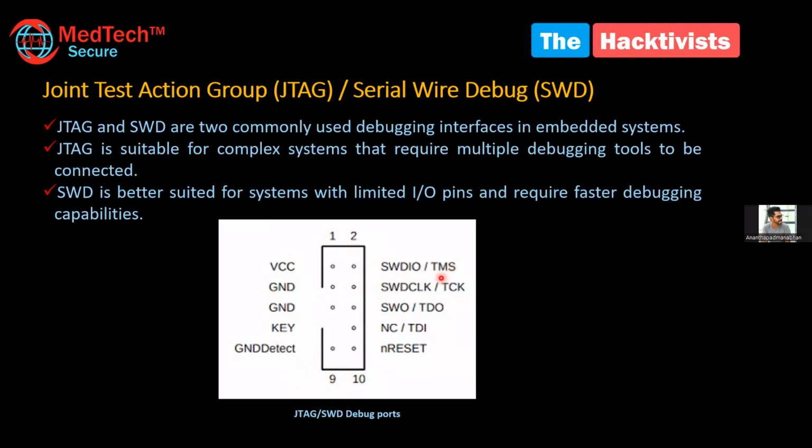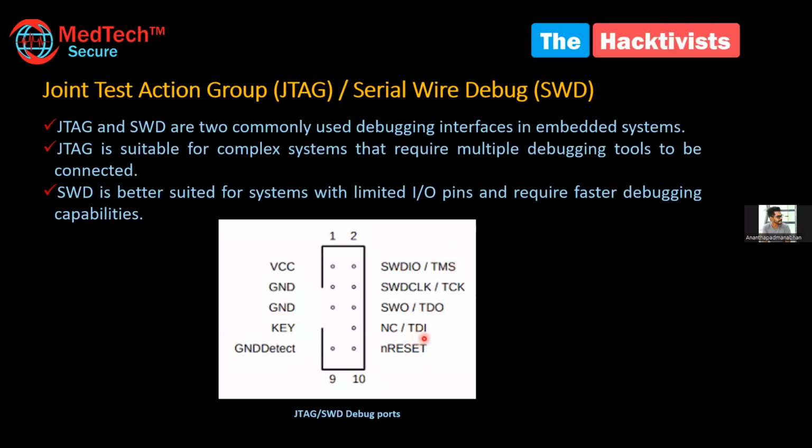Here you can see some points with TMS, TCK, TDO, TDI, the ones starting with T. These four pins are from JTAG, and the one starting with SWD is of the SWD protocol. JTAG is generally used in high-end devices which need to handle huge functionality or huge data, where it requires multiple pinouts.